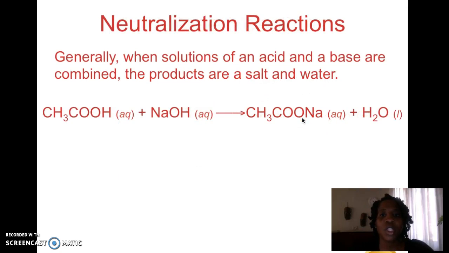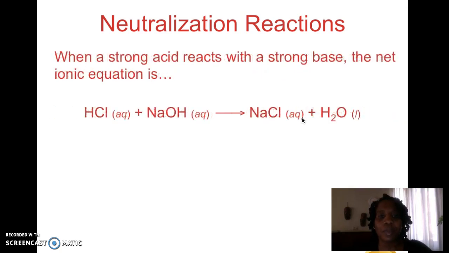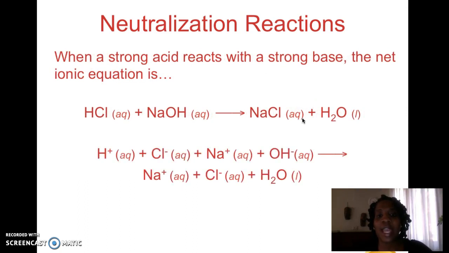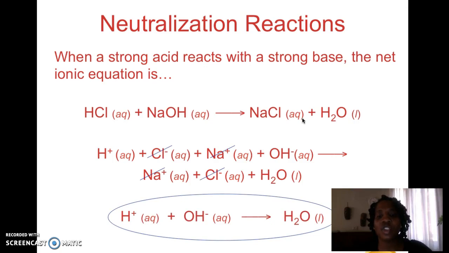So in general, when a solution of acid and base are combined, you have 2 products, which is what we refer to as a salt and water. When a strong acid reacts with a strong base, you get a net ionic equation. It's always the same. It's just going to show the hydrogen ions combining with hydroxide ions to form water.